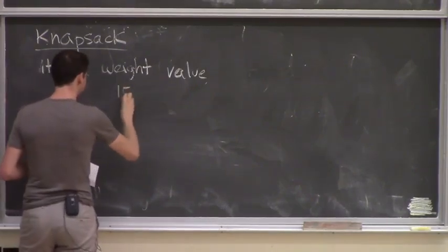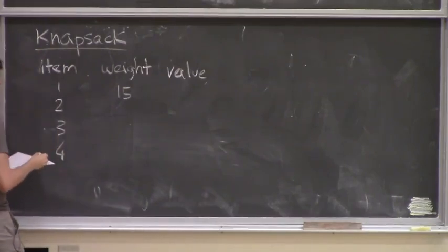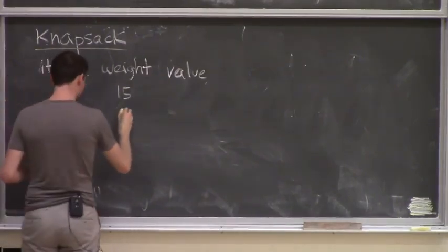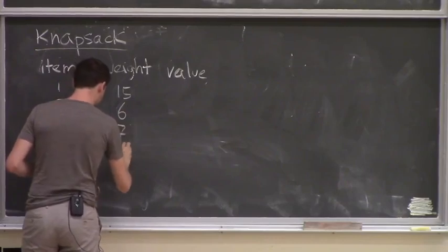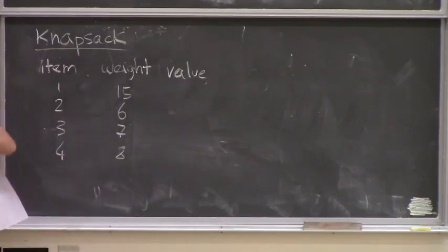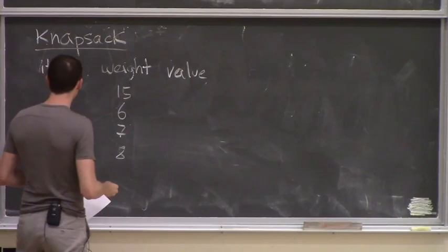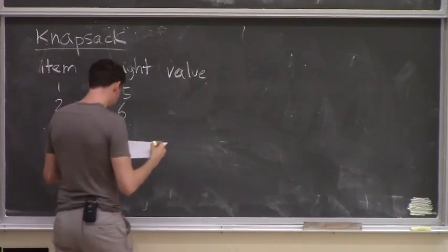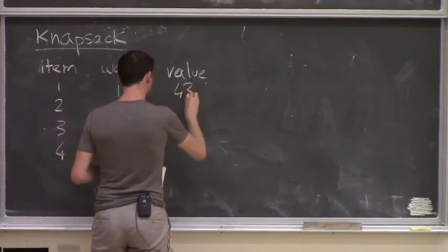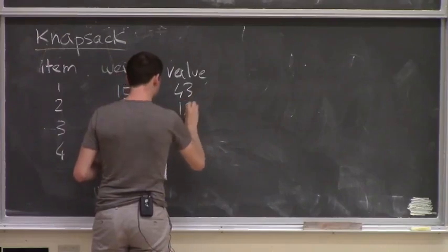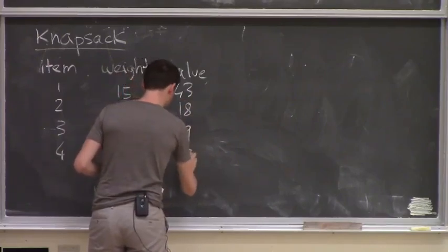Let's say that item 1 takes up 15 units of weight, and items 2, 3, 4 take 6, 7, and 8, respectively. And these items have values. Let's say this one is 43, this one is 18, 19, 23.